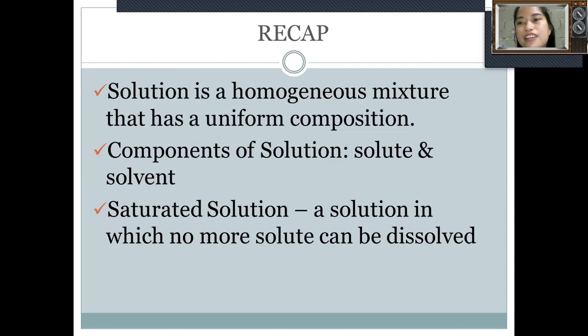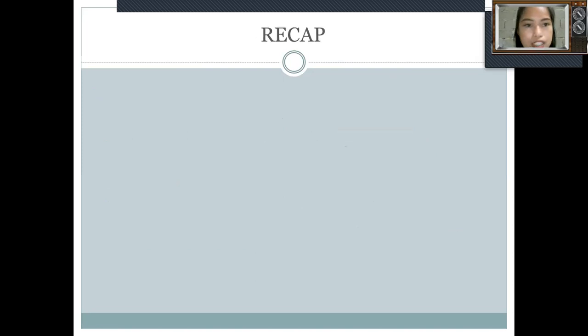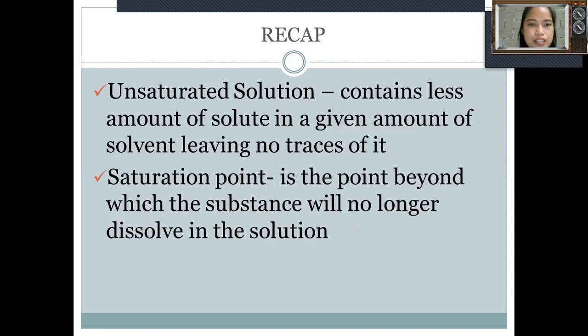An example of that is solution B. While an unsaturated solution contains less amount of solute in a given amount of solvent, leaving no traces of it, the best example is solution A.